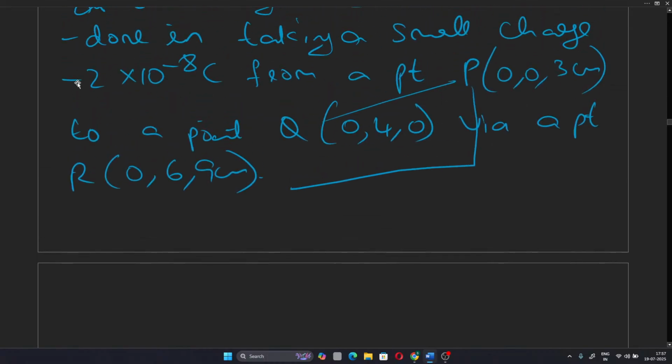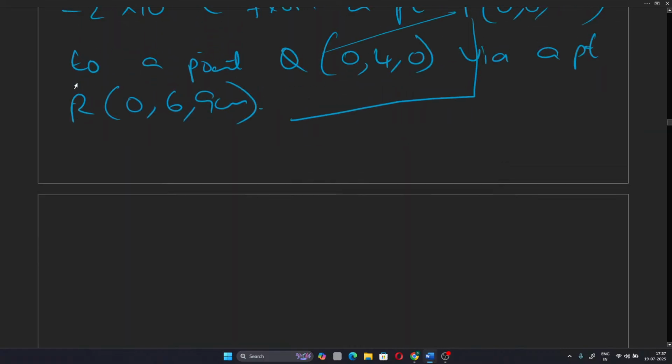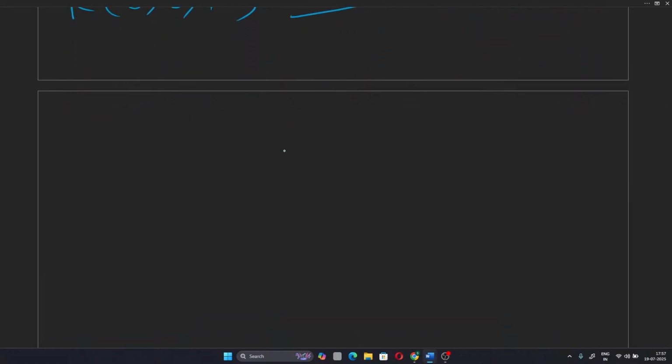It is better to consider only two axes here, because they did not provide a value for the x-axis. So let's only consider the z and y axis here.